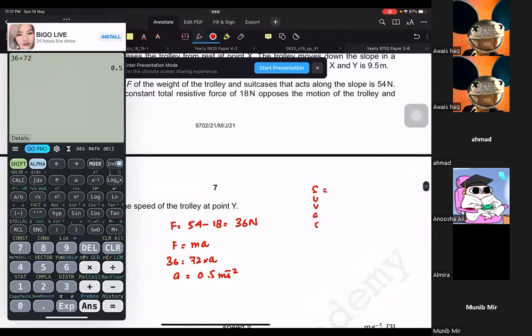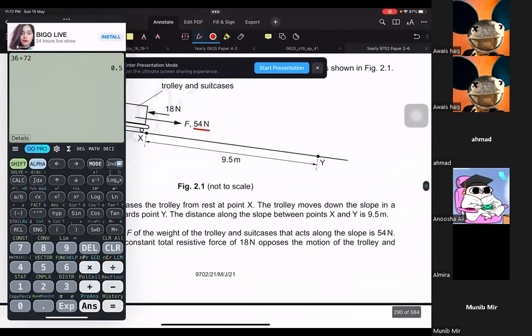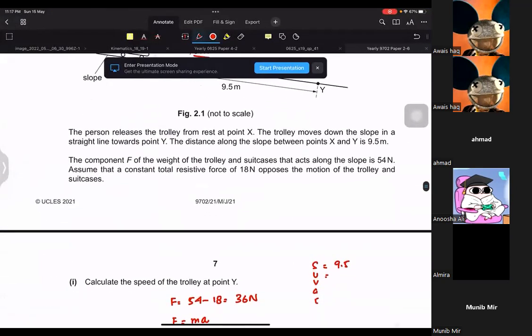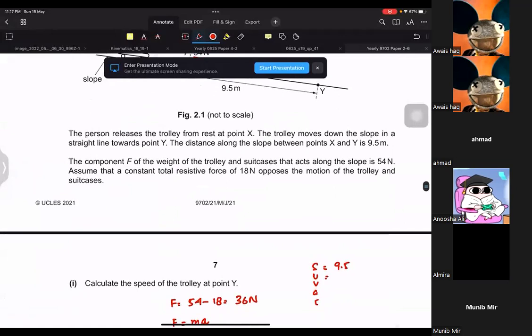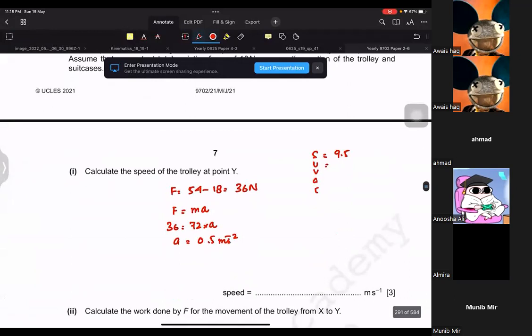Now, SUVAT. The distance it covers is 9.5. Initial velocity was... have they given it? No, sir. It's released from rest, so it's 0. Final is what we need to find.